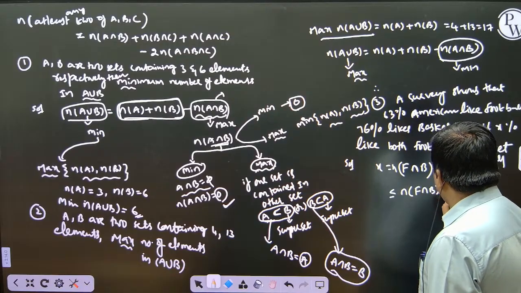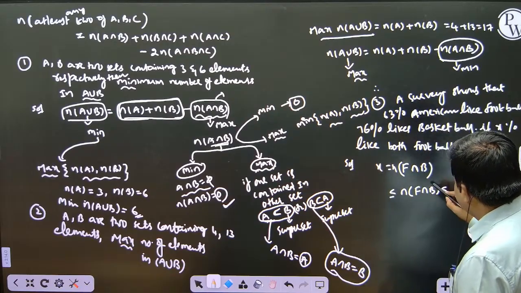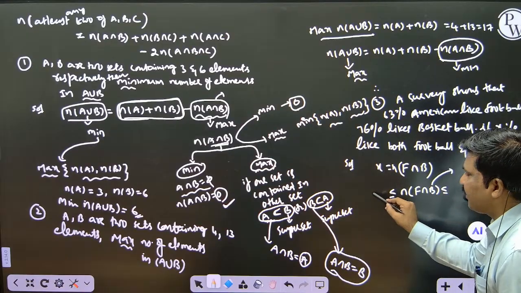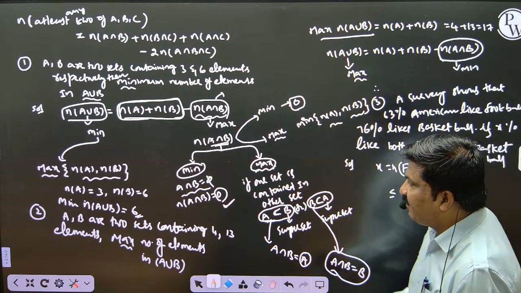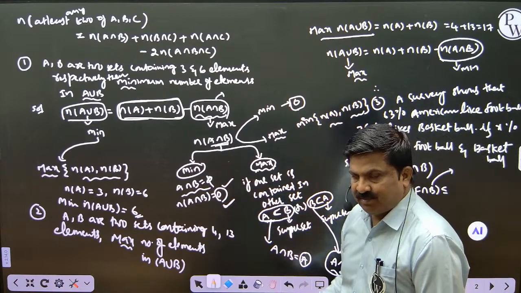Range of n of A intersection B means you have to write its maximum value and its minimum value. As I already told you, its minimum value is 0 when it is coming to sets, having elements in the set.